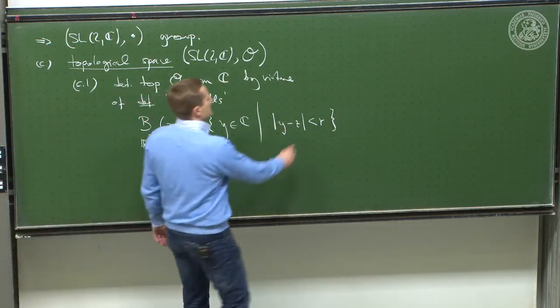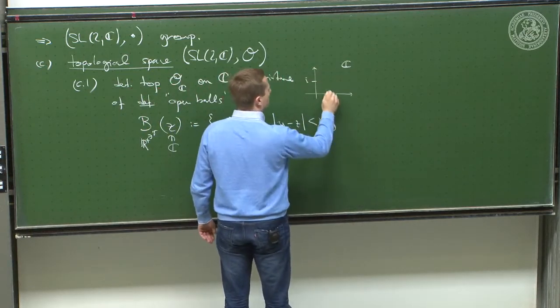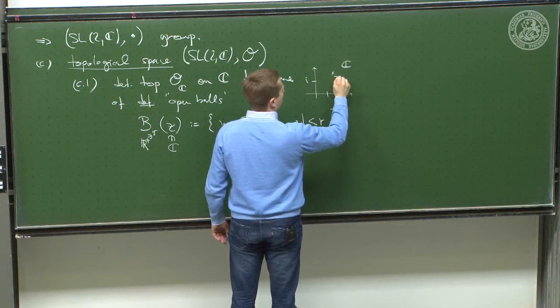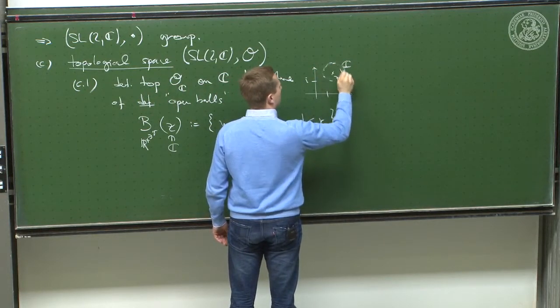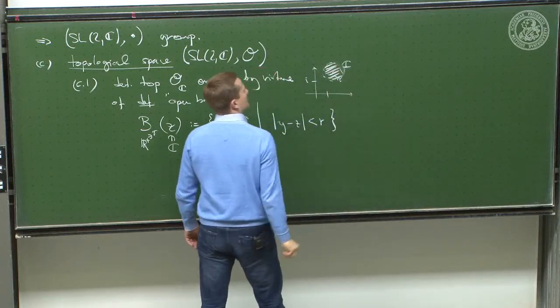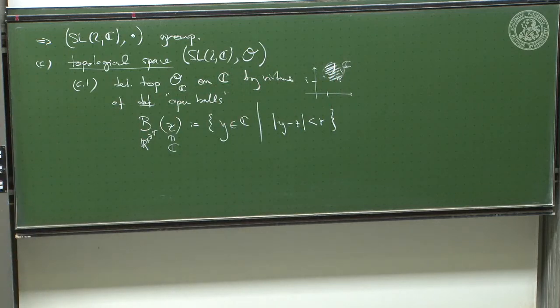Obviously, if you go to the complex plane, this is the point z. It's without the boundary. It's all the complex numbers in here for a positive radius r.